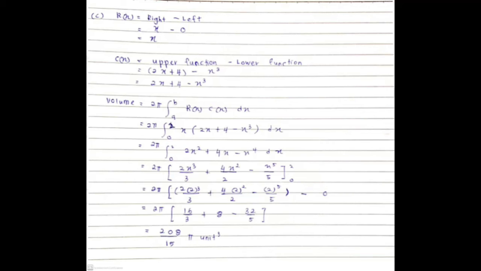We just enter the value 2 into the x, and 0 will become 0, and the answer will become 208 over 15 pi unit cubed.